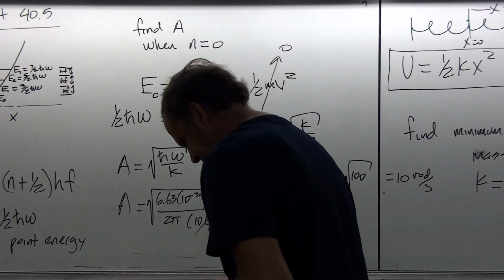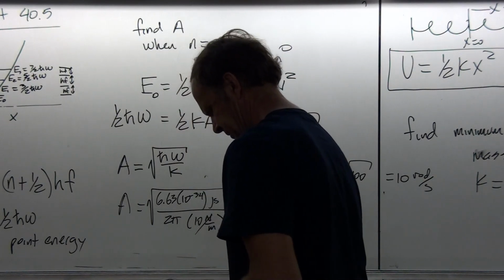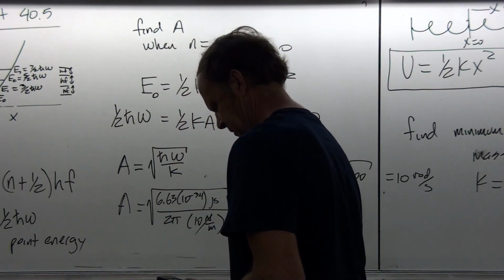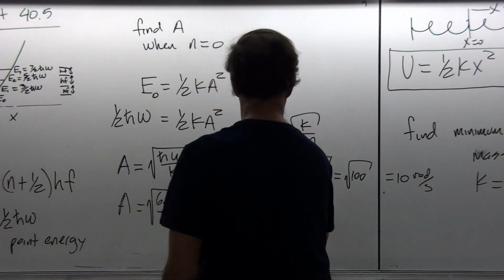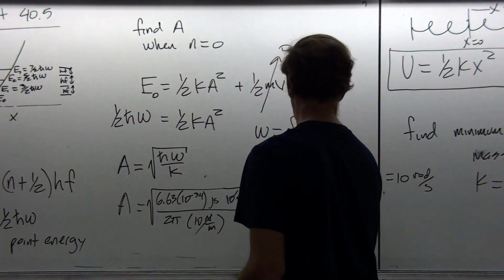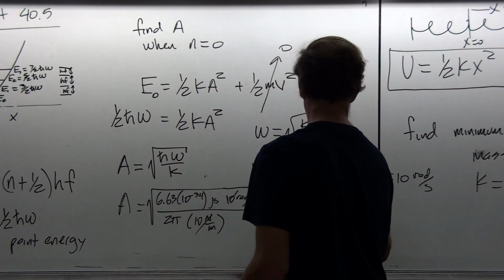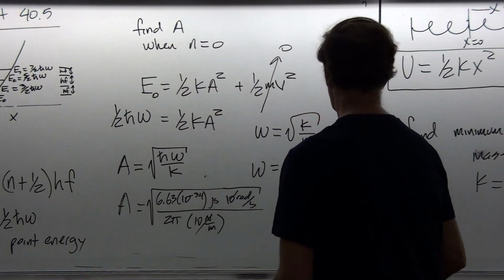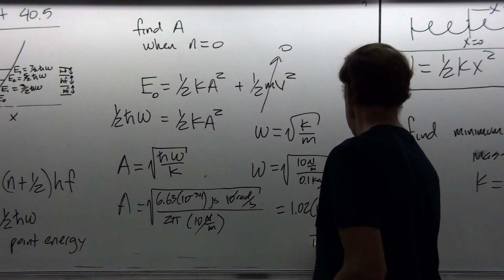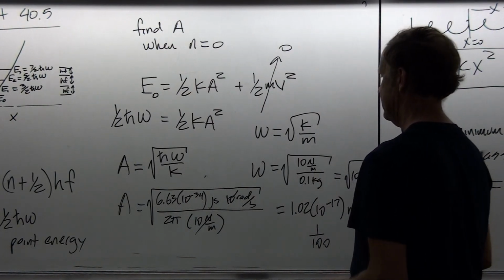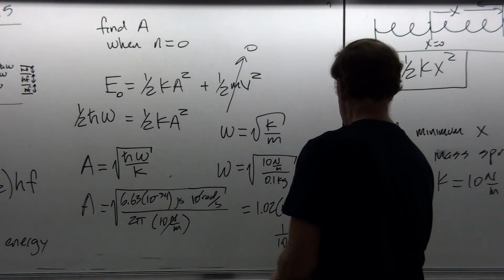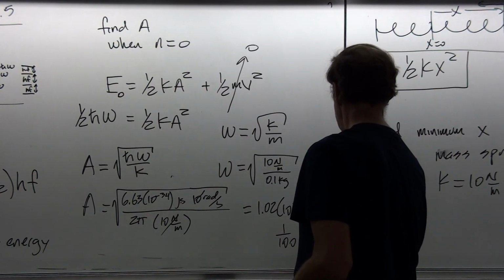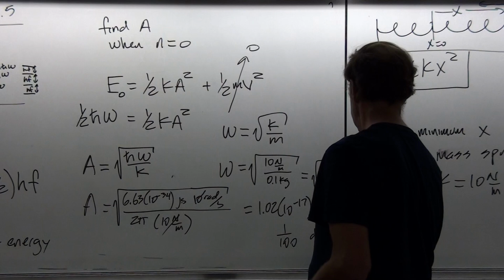All right, so that gives us 1.02 times 10 to the minus 17 meters. So this is about 1/100th the diameter of an atom. Or I should say the diameter of the nucleus.